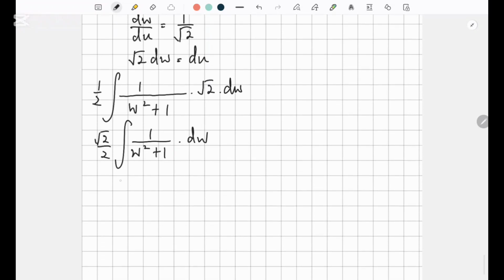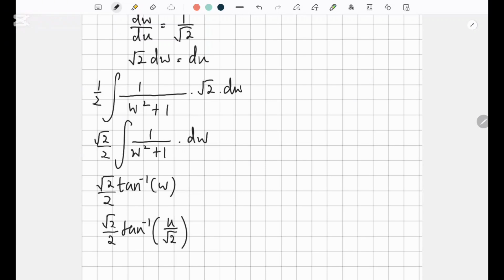So what's the integration of that? Tan inverse w. Don't need to put the c for now because we have a whole bunch of integrations to do, right? So root 2 over 2 tan inverse (u over root 2), right? This is one part of the answer. Let's leave it like that for now.